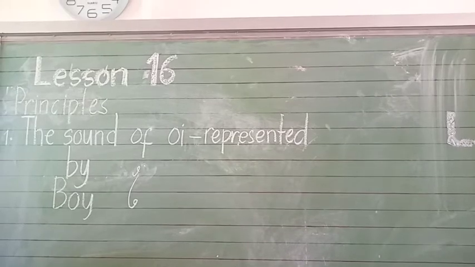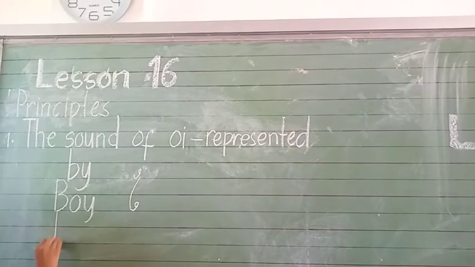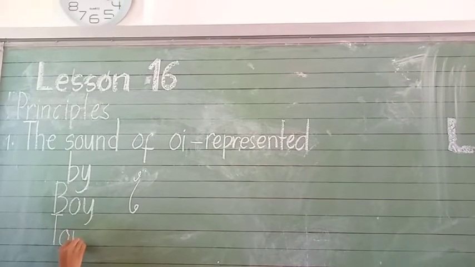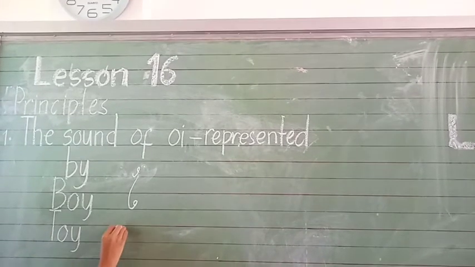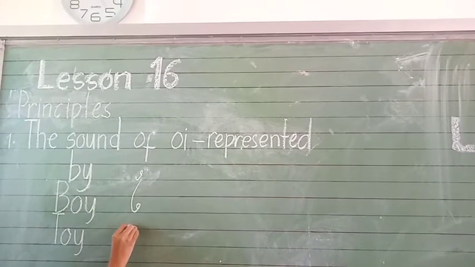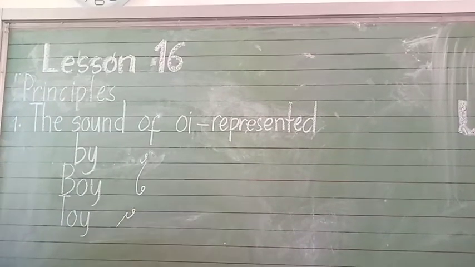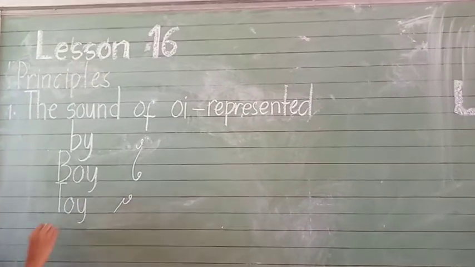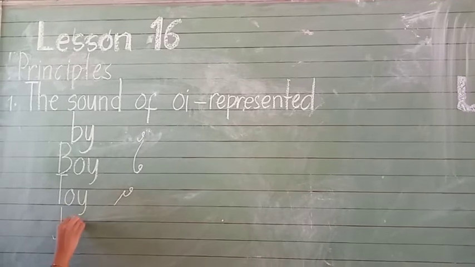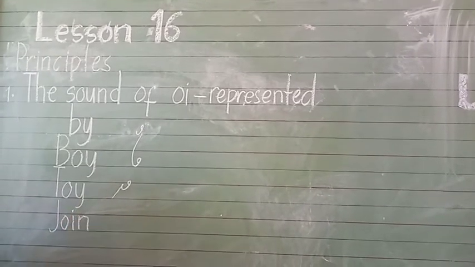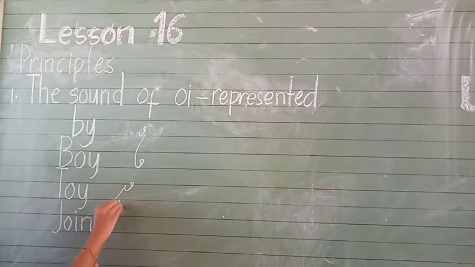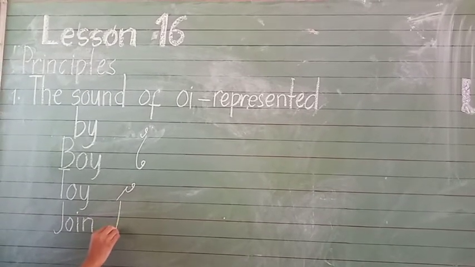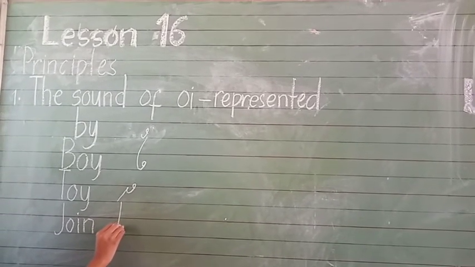Next, toy is represented by T and oi. Next, join is represented by J and oi and.